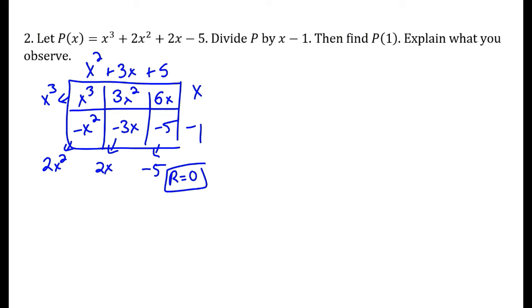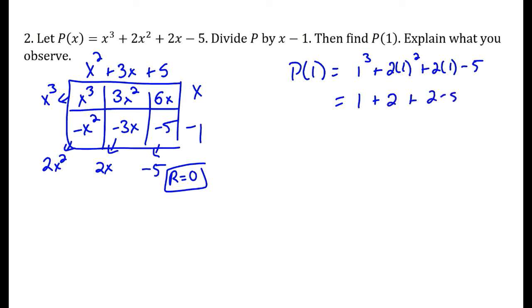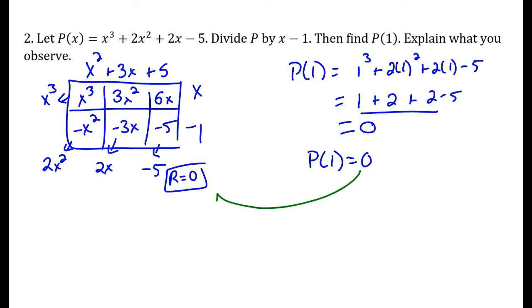Then find p of 1. Well, p of 1 means plug in a 1. 1 cubed plus 2 times 1 squared plus 2 times 1 minus 5. 1 plus 2 plus 2 minus 5. Well, 5 minus 5 is 0. So p of 1 equals 0, which, wait a minute, my remainder is 0, and p of 1 gave me 0.